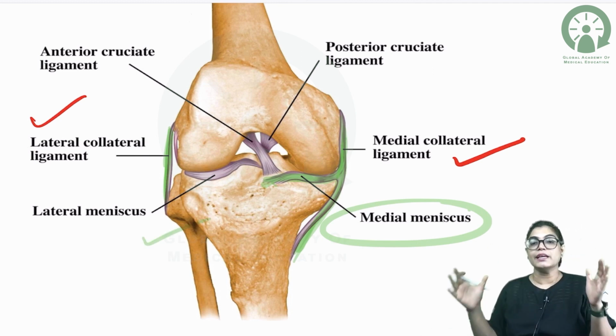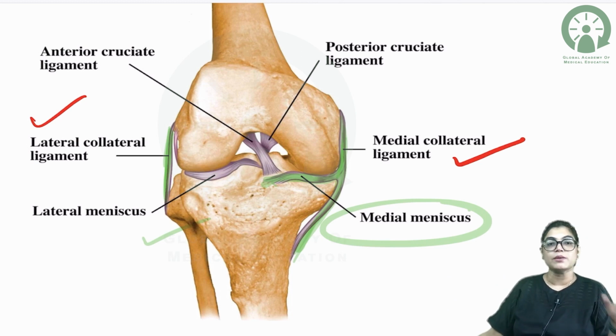So laterally the knee joint is supported by the fibular or lateral collateral ligament, which has just one part, but the medial collateral ligament has two parts, deep and superficial. The origin of the medial collateral ligament is from the medial epicondyle of the femur, the same as the lateral collateral ligament has its origin from the lateral epicondyle of the femur.